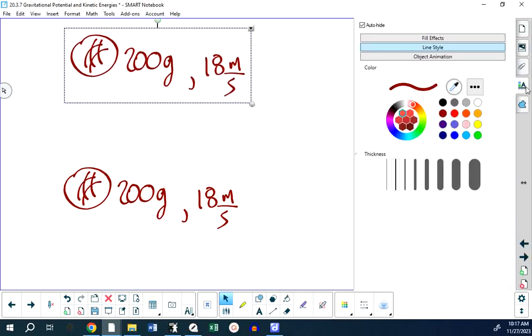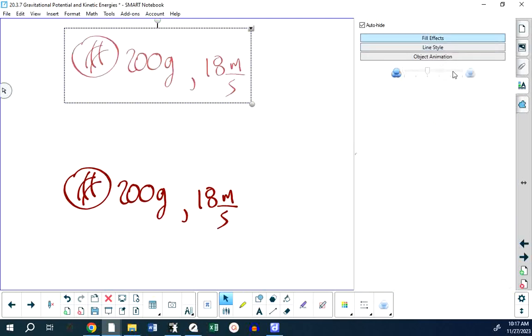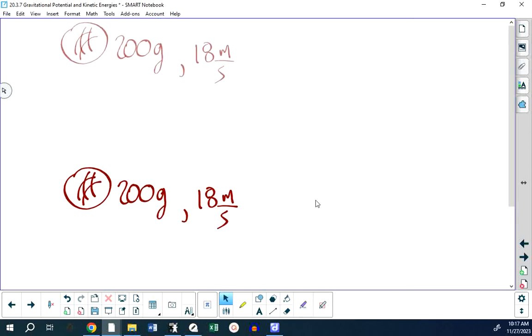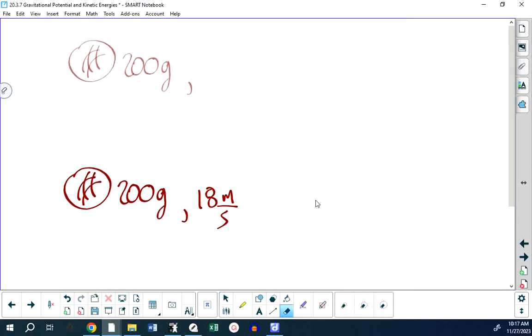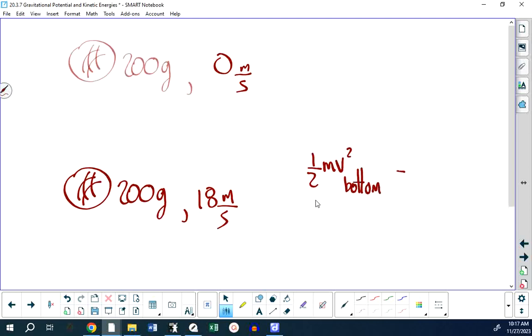When it gets to the top, it will still have a mass of 200 grams, but it will be moving at 0 meters per second. And if energy is conserved from kinetic to potential, then the kinetic it has at the bottom would be equal to the potential it has at the top.